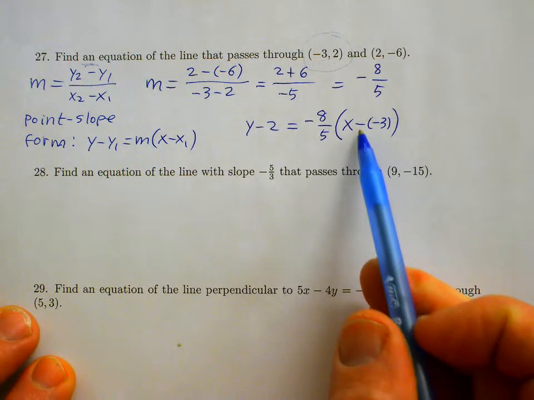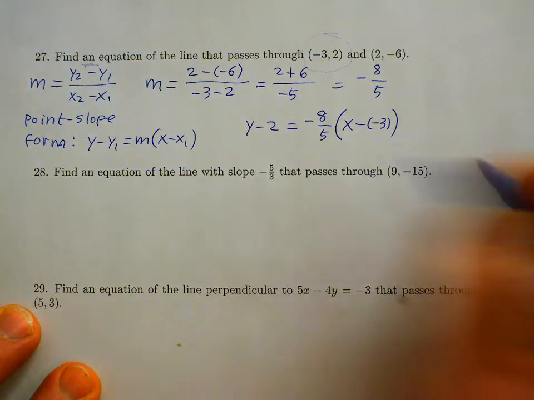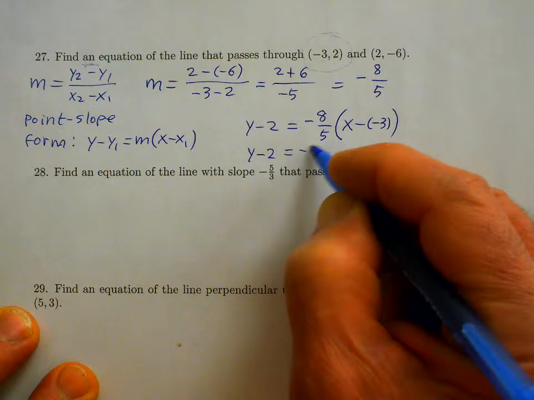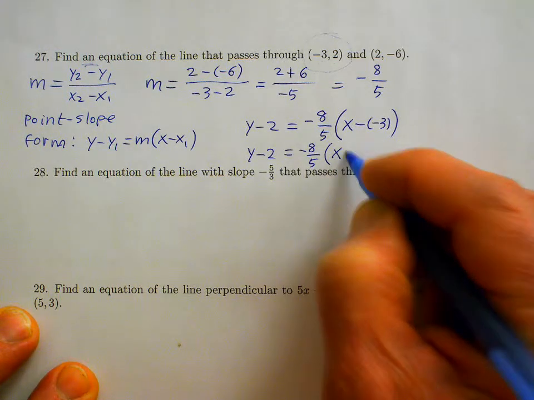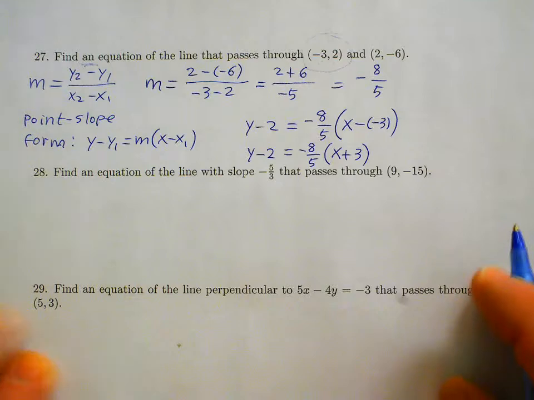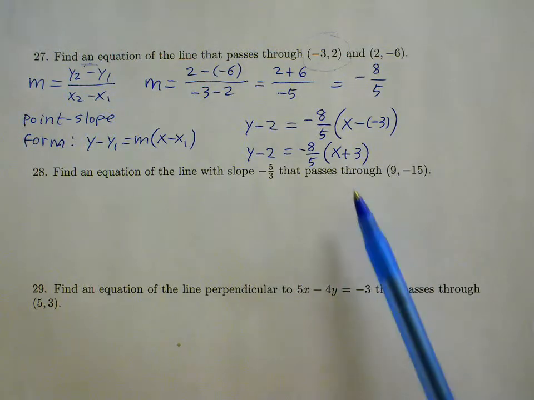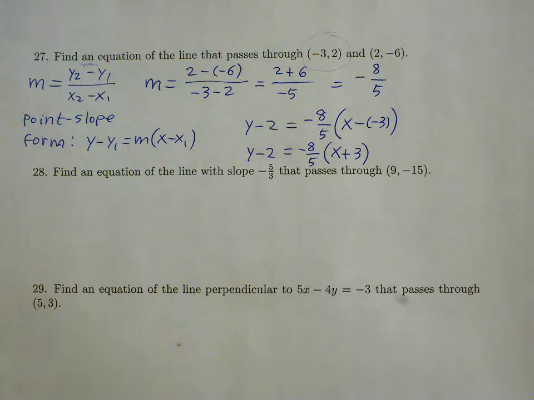We should simplify the x minus -3 part at least. So y minus 2 is equal to -8/5 times the quantity x plus 3. Since no specific form is asked for, this is a satisfactory answer for this problem.